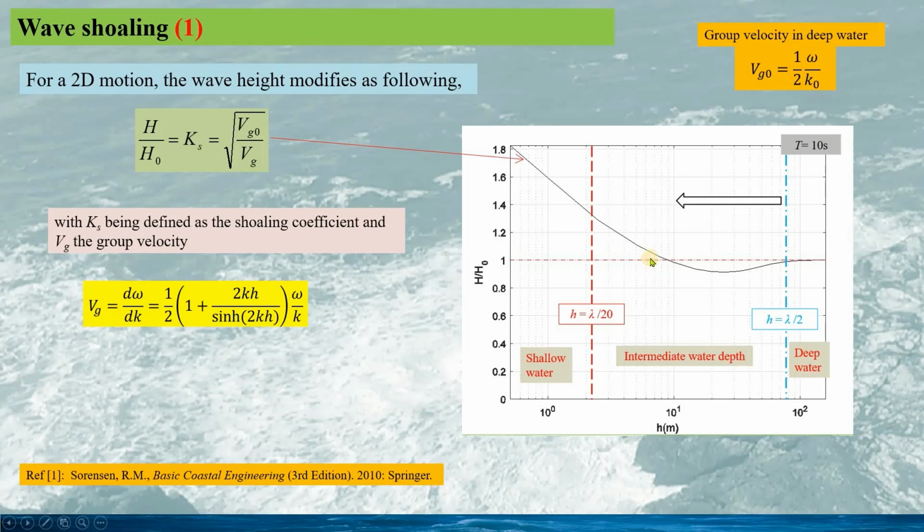If we draw out the shoaling coefficient Ks against the water depths for a wave of a period of 10 seconds, we can see the shoaling coefficient decreases first when the wave propagates from the deep water to finite water depths here, and then increases when it travels to shallower water.